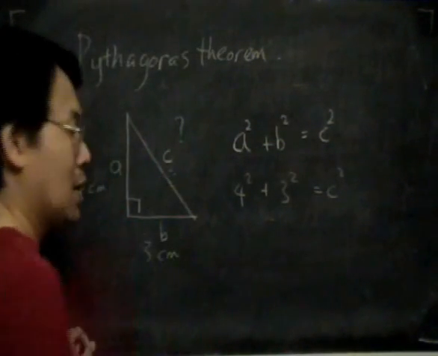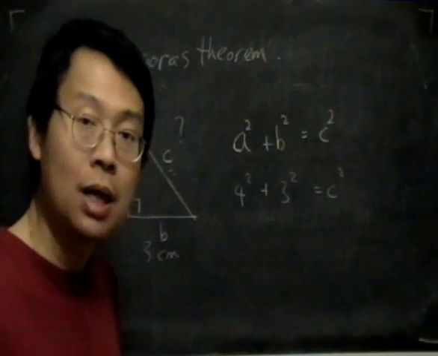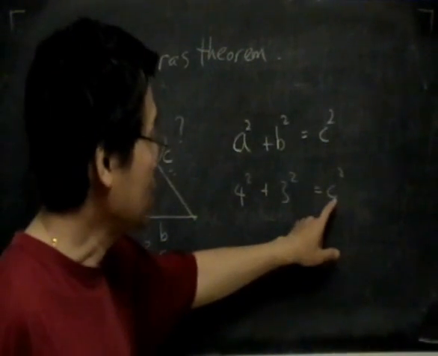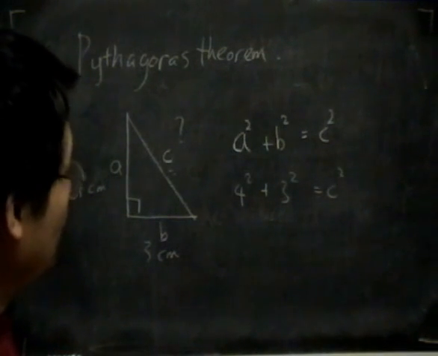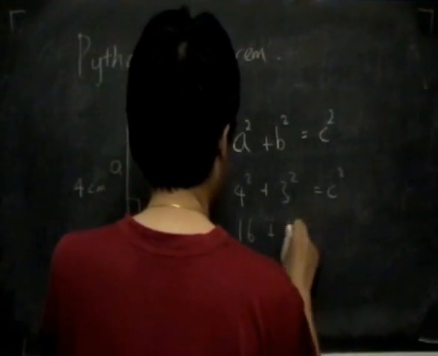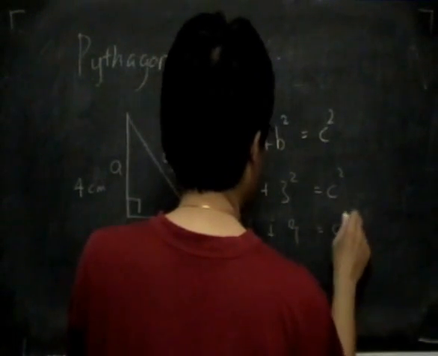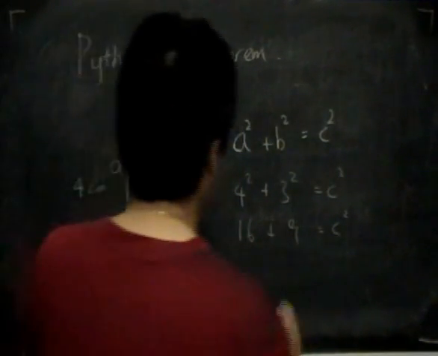And we have to find C. Now if you look at this, you already have an equation, and C is the unknown that we must find. So let's calculate this. 4 squared is 16, 3 squared is 9, and 16 plus 9 is equal to 25.